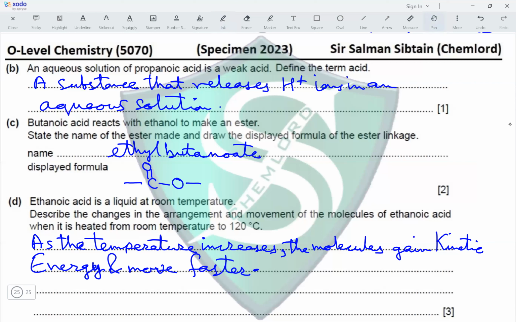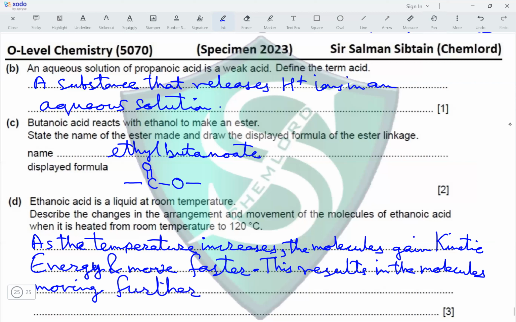Now, when they move faster, they also move a greater distance. So we will write this results in the molecules moving further away from each other, right? They move further away. Now, what happens is when they were closer together, they had an ordered arrangement, right?